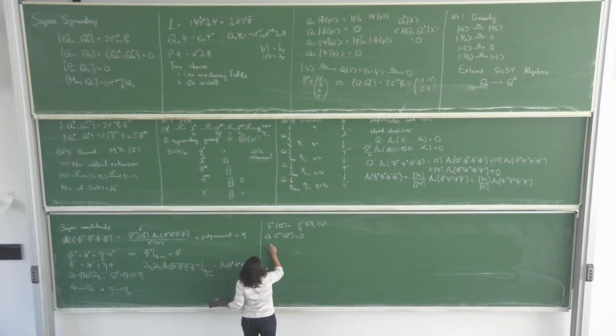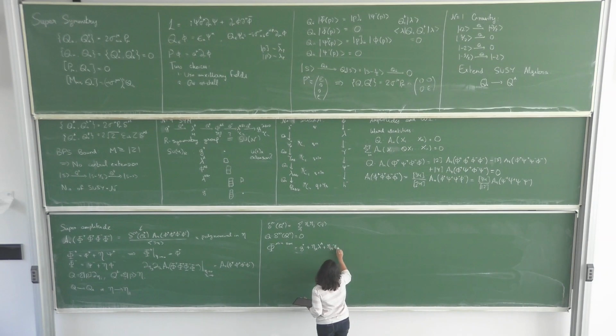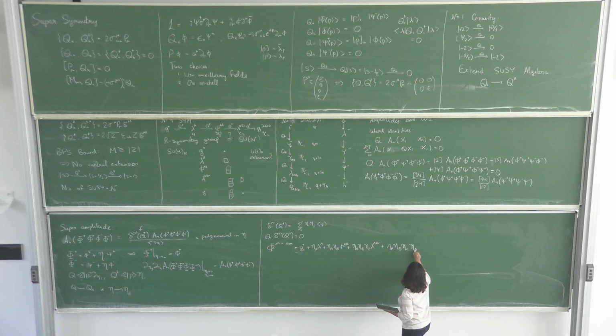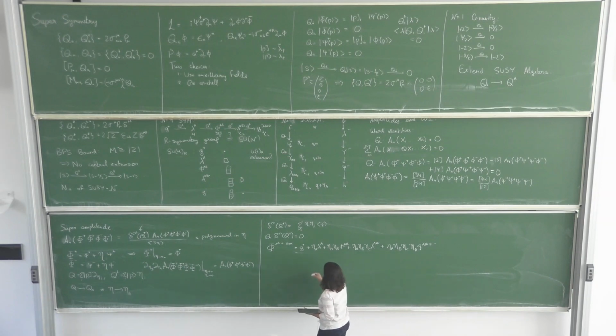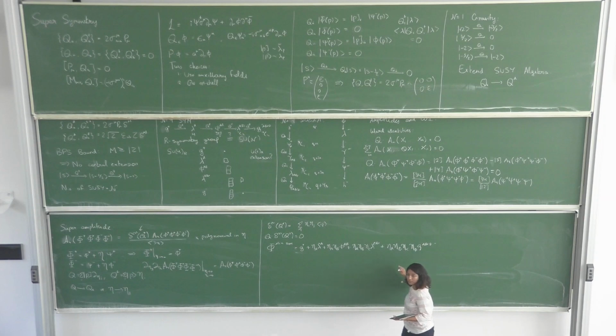So in the case of N equals 4 super Yang-Mills, I now have G plus, eta A, lambda A, eta A eta B, phi AB, so the adjoint scalar, eta A eta B eta C. So this makes it even more clear what the representations are of these individual component fields in the superfield.